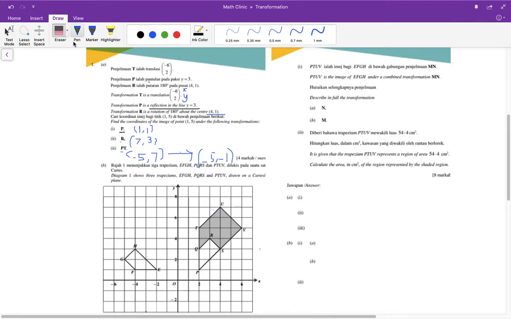So basically you just find the rotation point. You will get something like a right angle, that means 90 degrees. Find the center. Just see this, from here to here, it's clockwise. If it's from here to here, it's anti-clockwise. Different situation, different answer. This is a clockwise rotation.